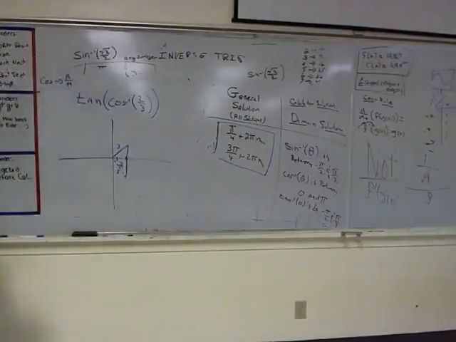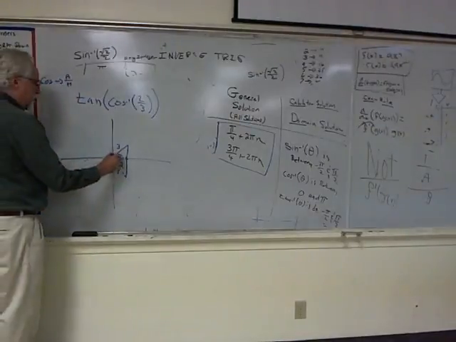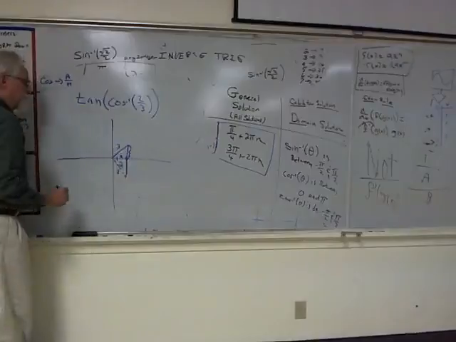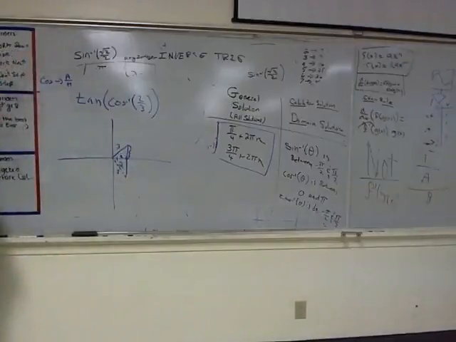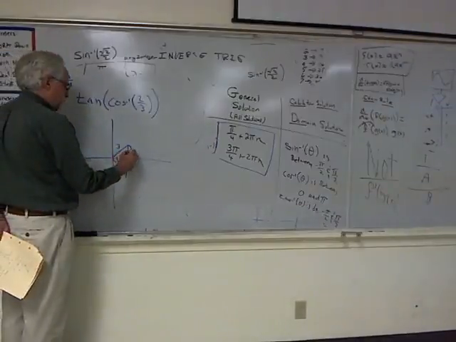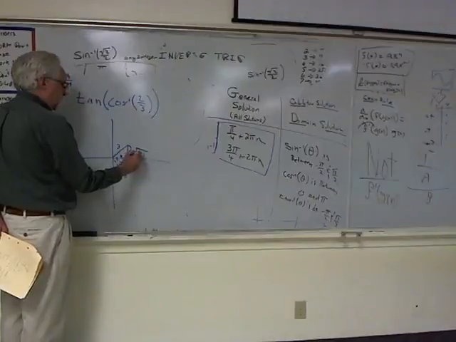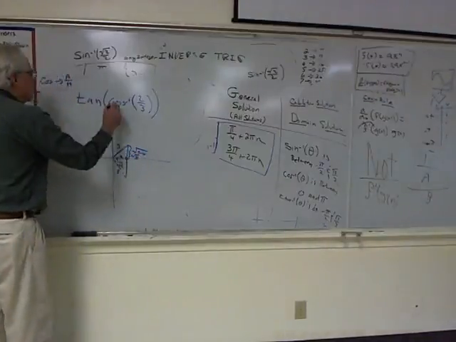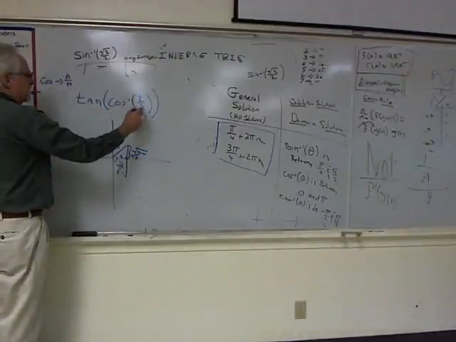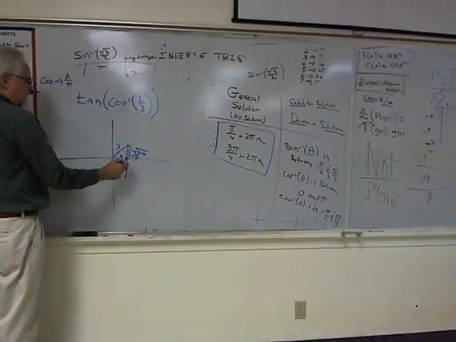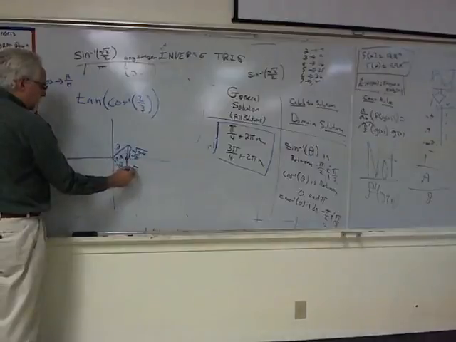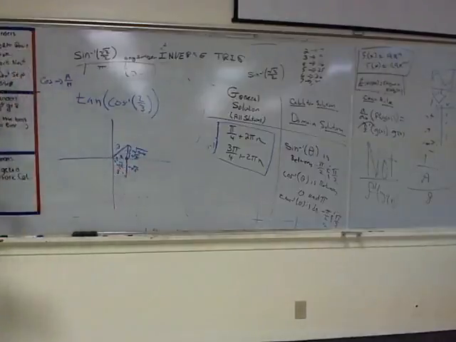If I say sine inverse of sine of 3 pi over 2, what you have to see is, what is sine of 3 pi over 2? -1.